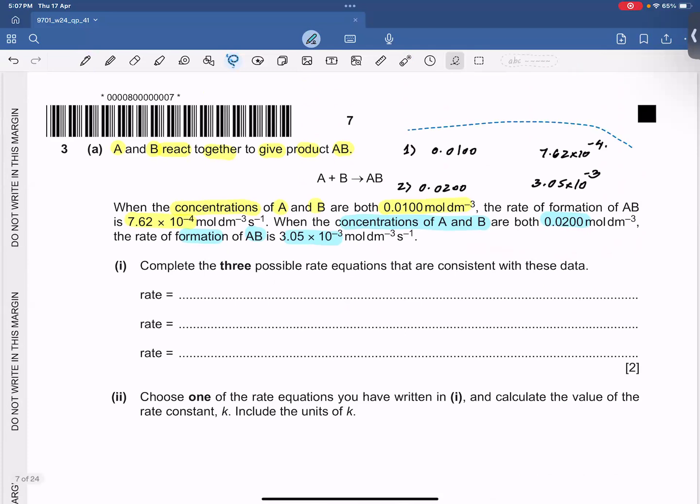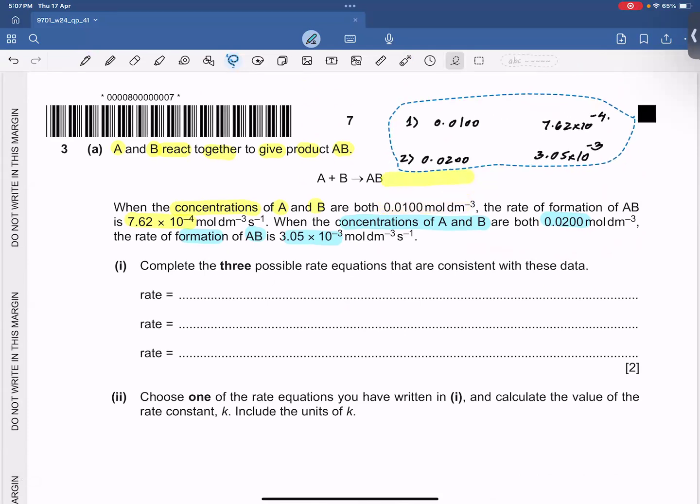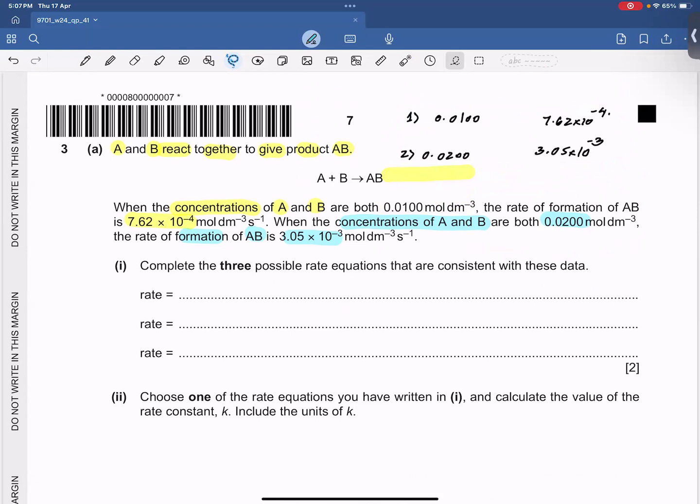Now from this information, what we conclude is that, look at this, concentration is doubled. So is the rate doubling? Let's check. Hold on. 7.6 to exponent minus 4 times 2.